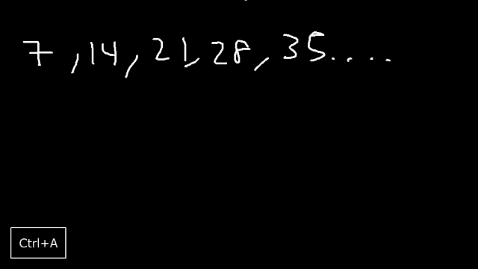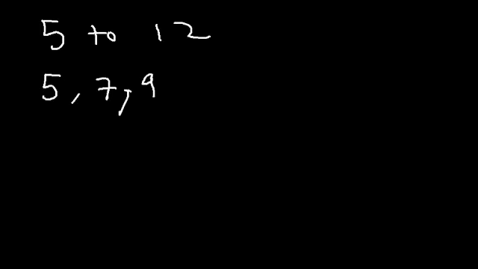Next in our list are the terms inclusive and exclusive. So let's say you want to make a list of all the consecutive odd integers between 5 and 12, inclusive. That would include 5, 7, 9, and 11.